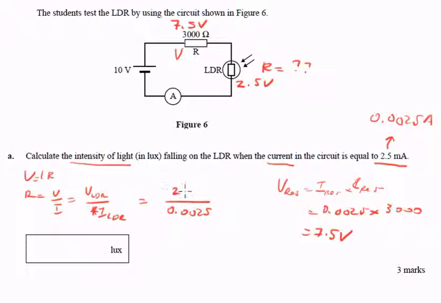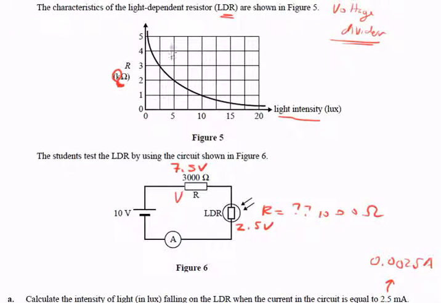So now I can put 2.5 volts in here, and you do that on your calculator, you end up with 1,000 ohms. Great, so I've worked out the resistance. It's 1,000 ohms. What does that mean? It means resistance 1 kilo ohm, 1,000 ohms. Here we go, lux is 10.